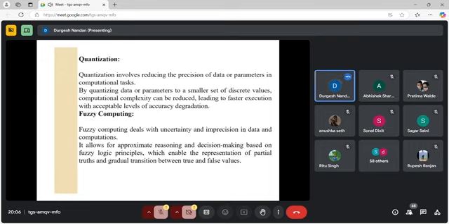Another one is fuzzy computing. Fuzzy computing also comes under probabilistic computing. It deals with uncertainty and imprecision in data and computations, and allows approximate reasoning and decision making based on fuzzy logic principles.